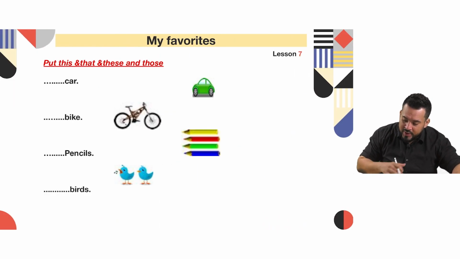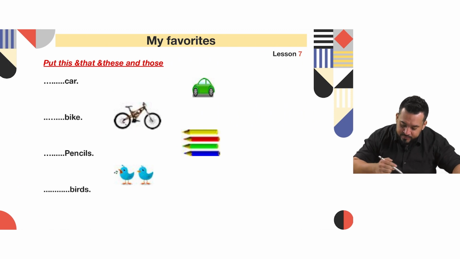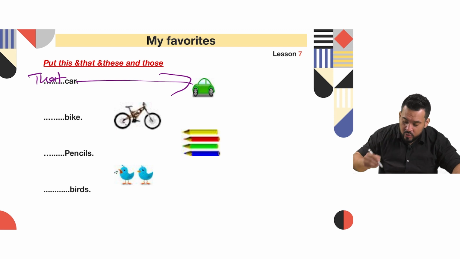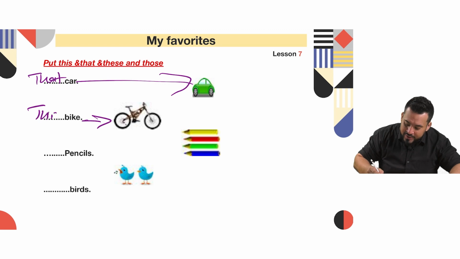All right? We have a quiz, a quick exercise. So for this one, put this or that, or these or those. So the first one, right, it's that. Why? Because it is far and it's singular, one. This is near and it's also one, so the answer is this.